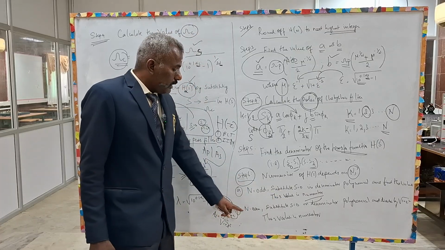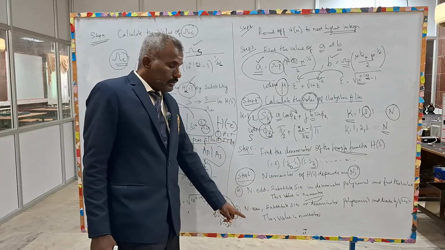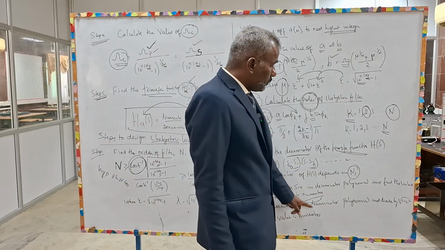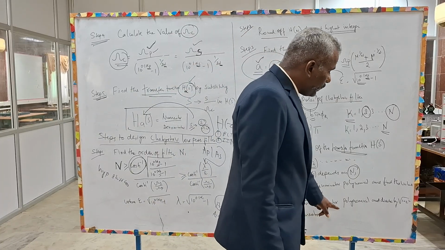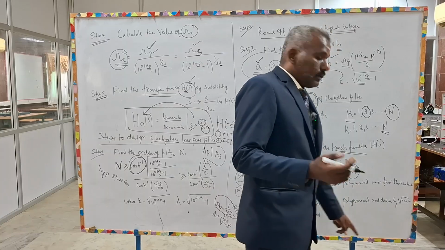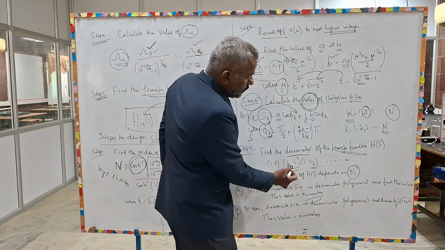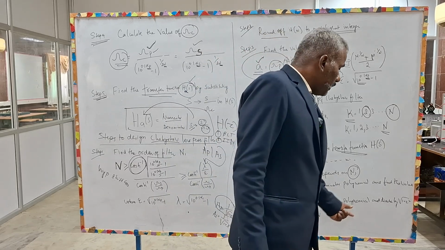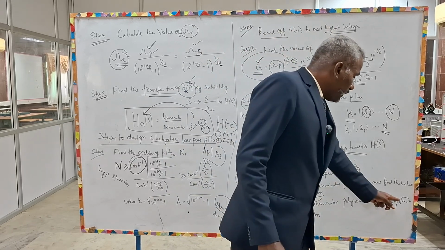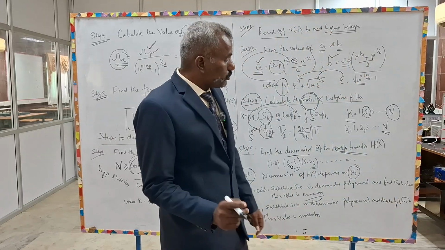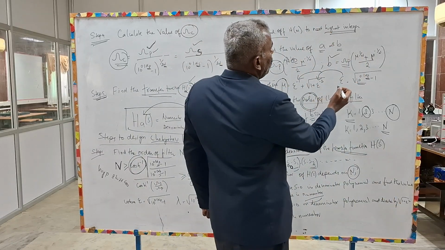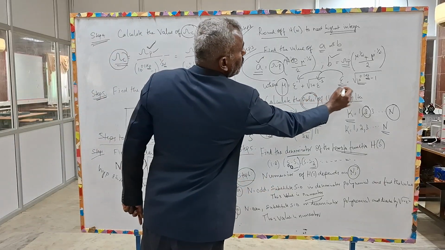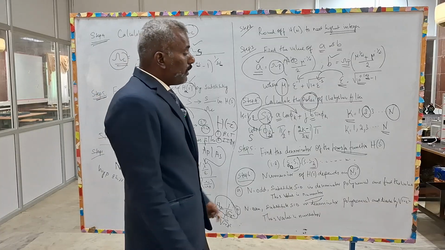Whenever the order of the filter n is an even number, substitute s equal to 0 in the denominator polynomial, and whatever constant you get, you need to divide it by the square root of 1 plus ε². The ε we found in step number 1, or here also you can find the ε value.